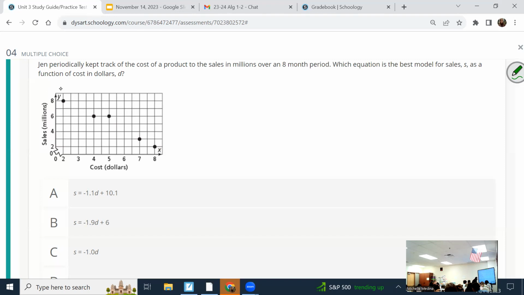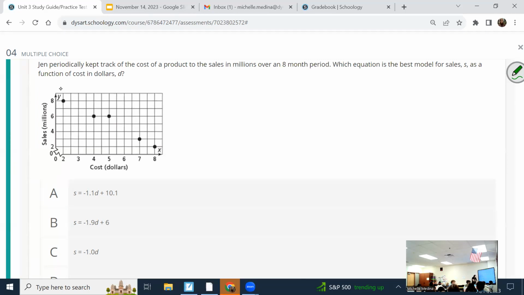So then you want to have the equation that is closest to your estimate. I'm estimating my slope to be around negative 1.2. What would you estimate the y-intercept to be? 9-ish. Okay, so my b is about 9.